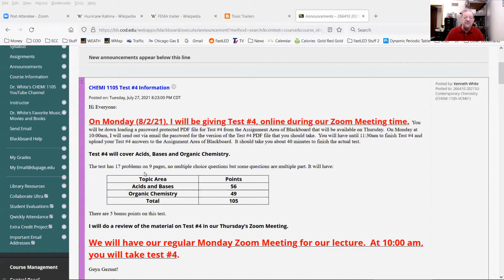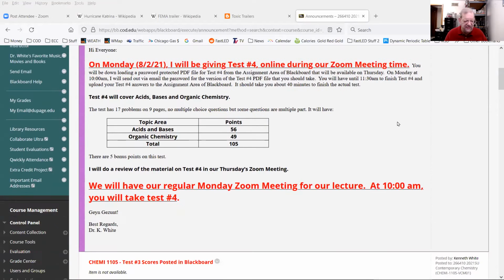It has no multiple choice questions, but some questions are multiple part. It will have 56 points on acids and bases, chapter 7, and 49 points on organic. And if you notice, it adds up to 105. Yes, there's five bonus points on test number 4.